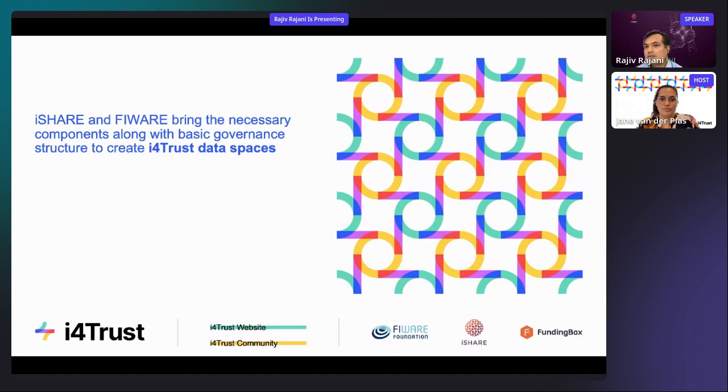The iShare satellite stack is basically a distributed ledger based on Hyperledger Fabric, and we provide you with the deployment guide and register you in the network. Of course, it's a certified role, so you need to first apply for becoming a satellite, and there are certain requirements that you need to go through.